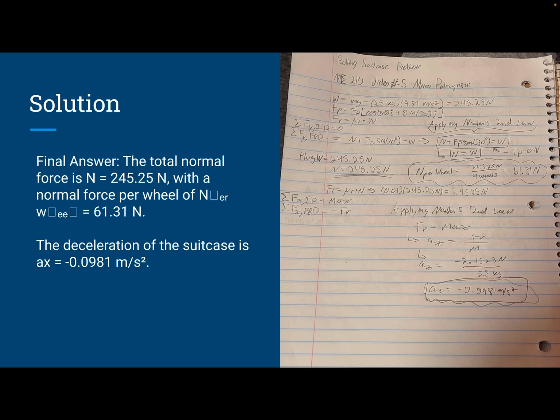When applying both Fy for the inertia diagram and the force body diagram, we get that N plus Fp sine 30 equals W. But since we know that the traveler lets go at that instant, Fp would equal 0 newtons, so the normal force equals the weight, which would be N equals 245.25 newtons. And to distribute that evenly amongst 4 wheels would give us the normal force per wheel is 61.31 newtons.